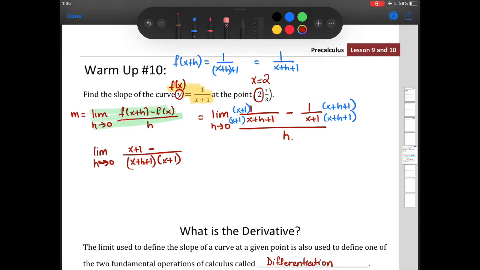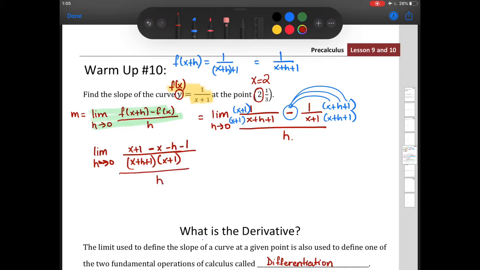So now be very careful. I have this minus here, and I'm going to distribute this negative over each of these terms, right? So it's going to be negative x, so I'm going to write minus x minus h minus 1, right? And this is all over h. Let's finish that.